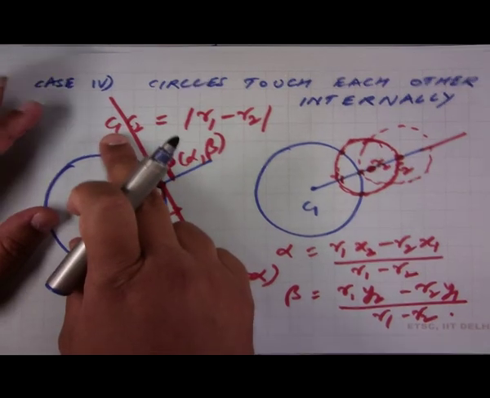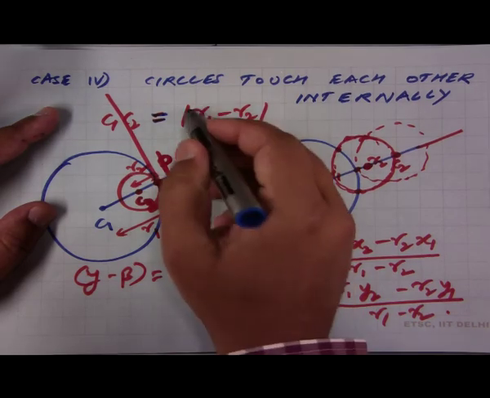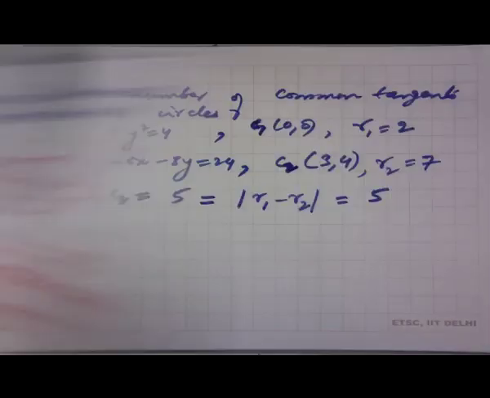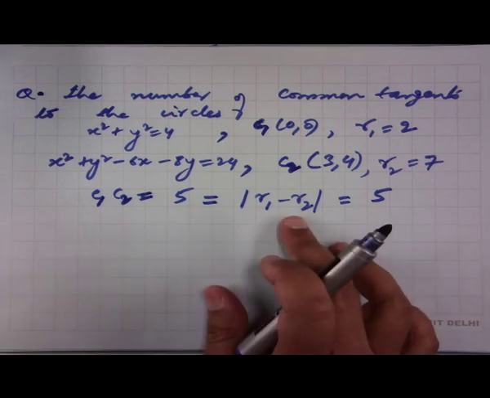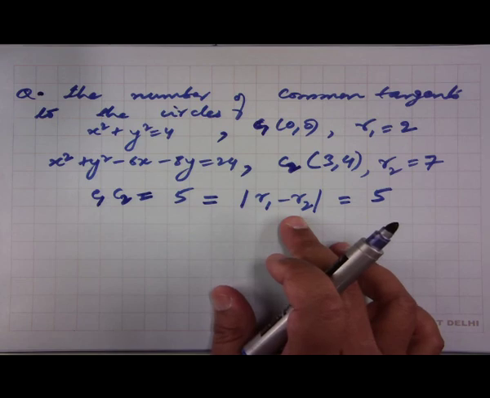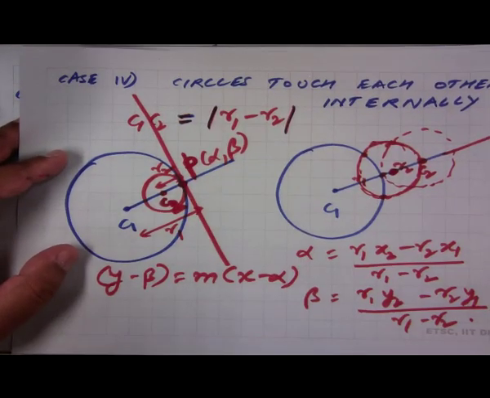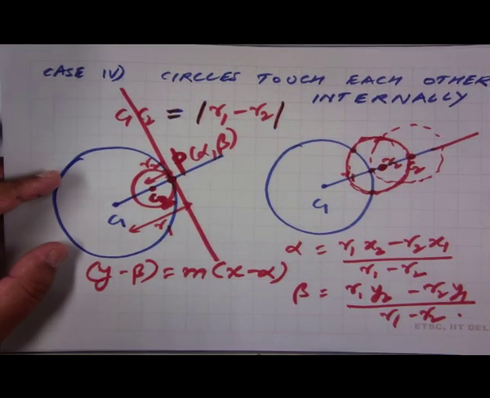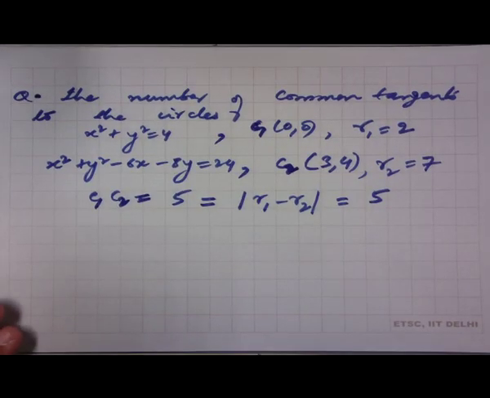So, when the distance between the centers is equal to the absolute difference between the radii, this basically means that the two circles are touching each other internally, and therefore, there is only one direct common tangent.